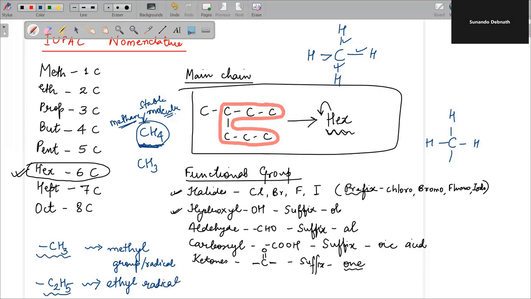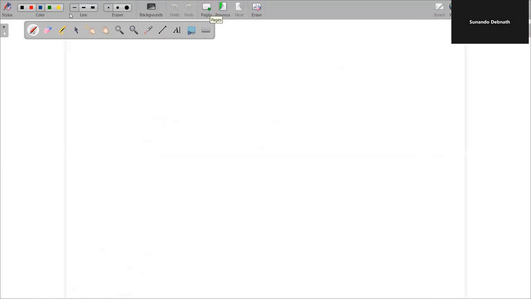Well, now we can do some examples, some nomenclature. Simple ones. Then I will talk about alkanes, alkenes, and alkynes after doing a few examples, because you have to look for some more concepts also, but before that, a few examples.